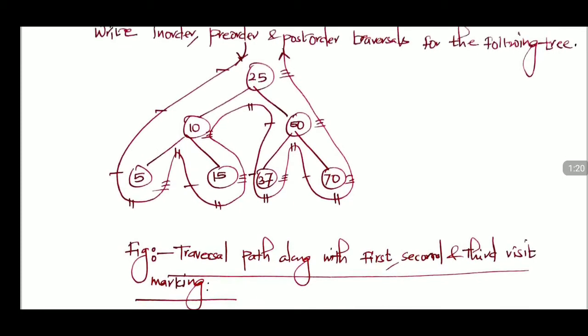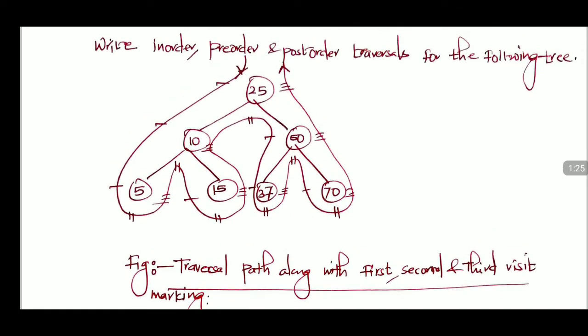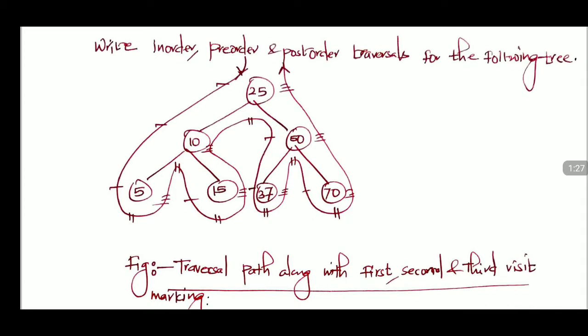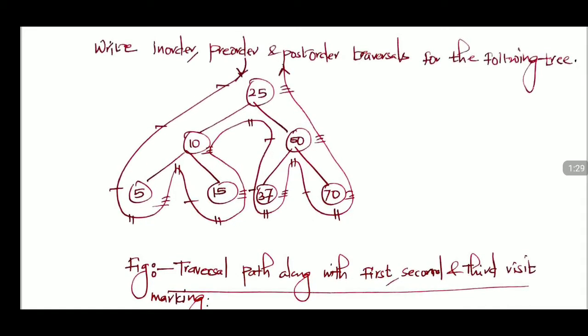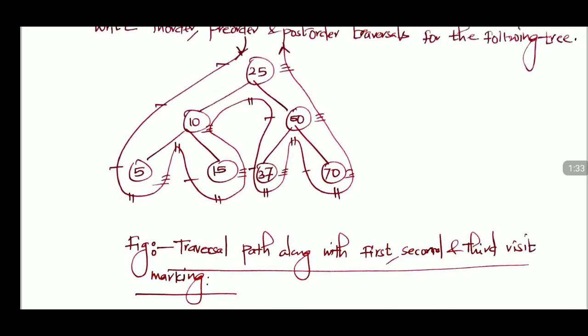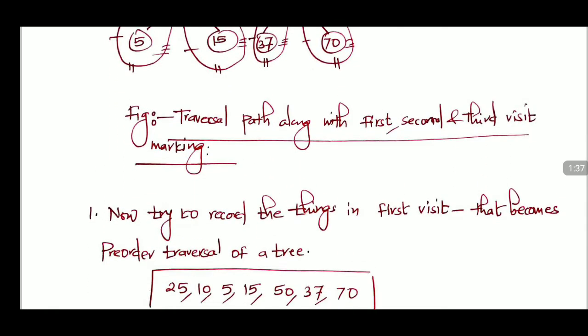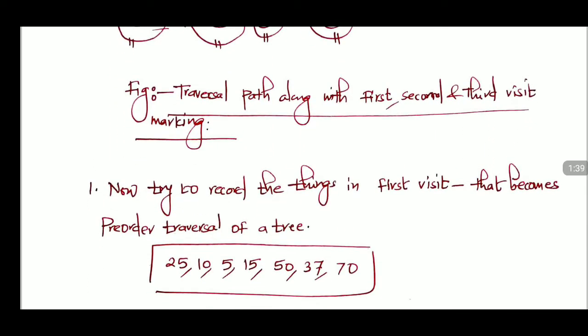Now it's based upon the convention: the things we record in the second visit are in-order, the things we record in the first visit are pre-order, and the things we record in the third visit are post-order. Now we'll record the things in the first visit, and that becomes the pre-order traversal of a tree.